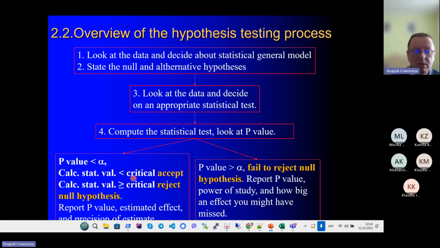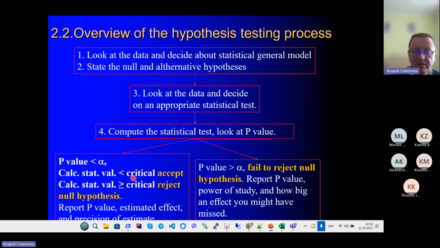If the probability that we are wrong, which is the significance, is less than this margin level, we can compare our calculated statistical value to some critical or so-called reference value, and then accept or reject our hypothesis.